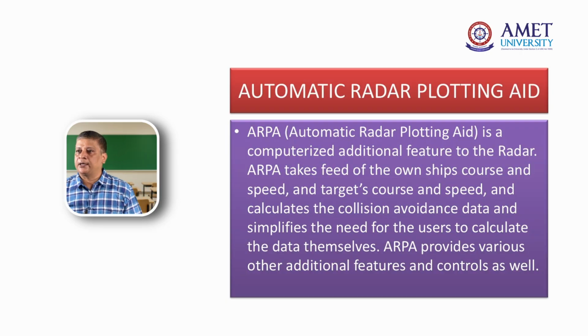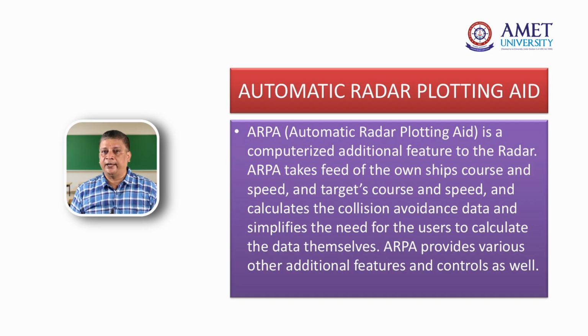So what is ARPA? ARPA, Automatic Radar Plotting Aid, is a computerized additional feature to the radar. We all know radar sends out pulses, reflects back from the targets, and it is presented onto the PPI, right? Then what does ARPA have to do with radar?